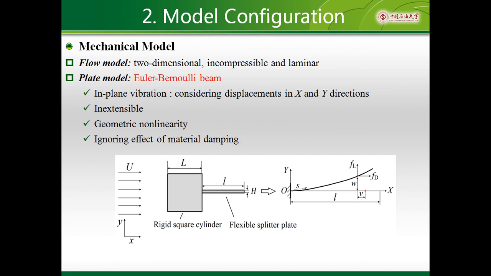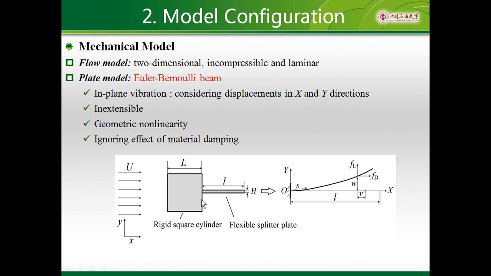Moreover, it is assumed that the strain level in the plate is sufficiently small and the plate is inextensible. The geometric linearity of the plate is considered, while the effect of the material damping is ignored.